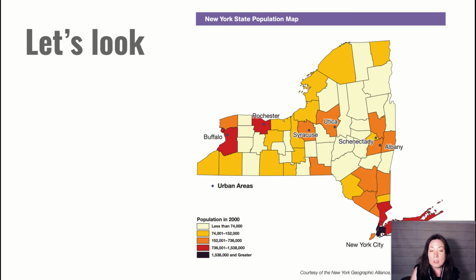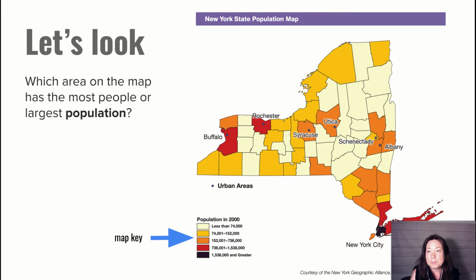So what I just read to you is called a map key. And that unlocks the clues to the map and lets us know how to read the map. So let's ask a question here. Which area on the map has the most people or the largest population?